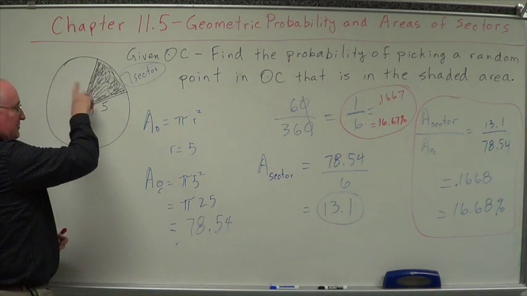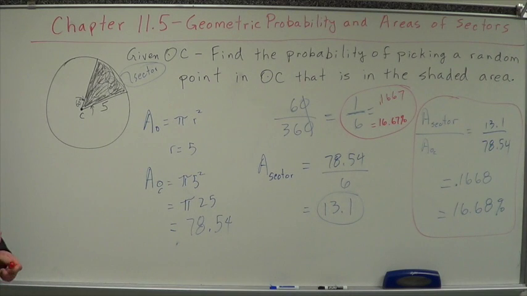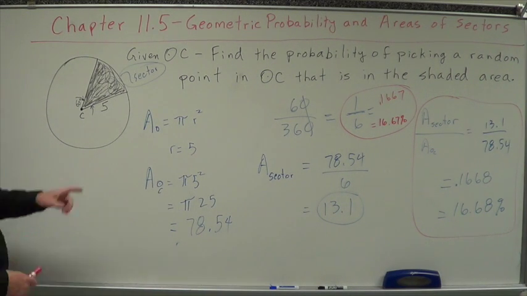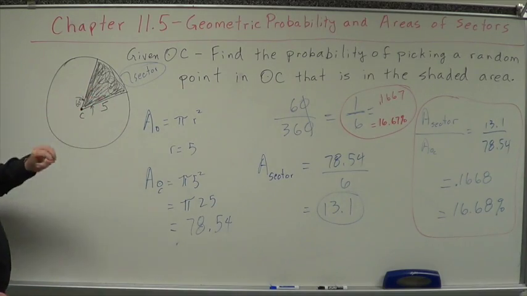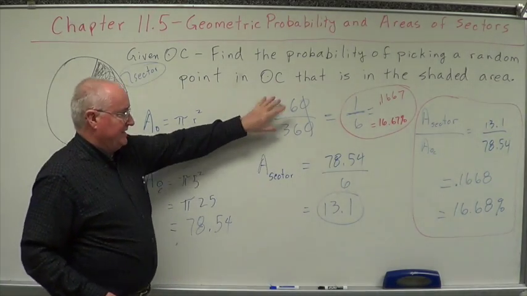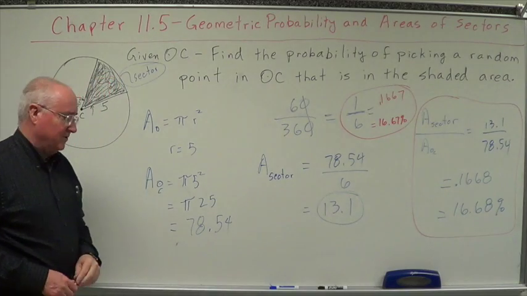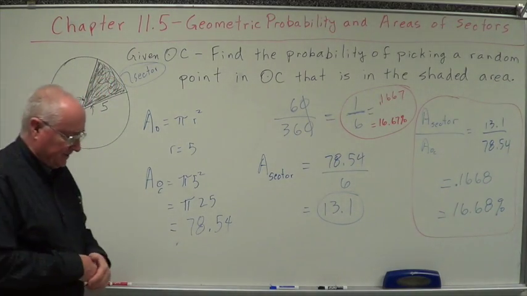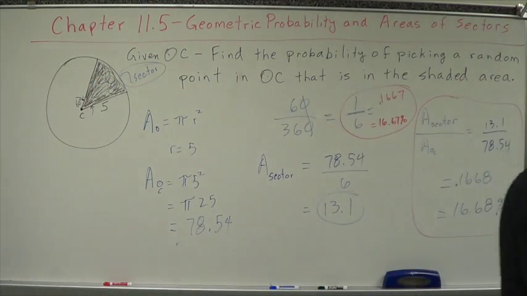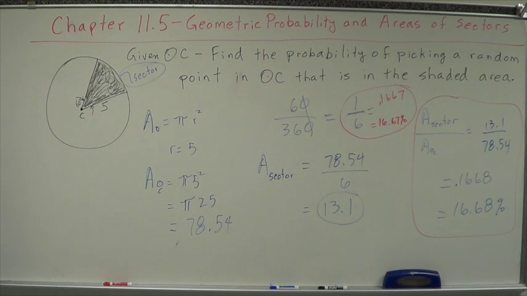Because 60 degrees out of the entire circle of 360 is 60 over 360, 1/6. So it doesn't matter what the radius is. It doesn't matter what the area is. I know that this is going to take up 1/6 of that circle, and so I can find it that way. All right, we're going to do several other examples and help you out with this. And so let's get started on them.